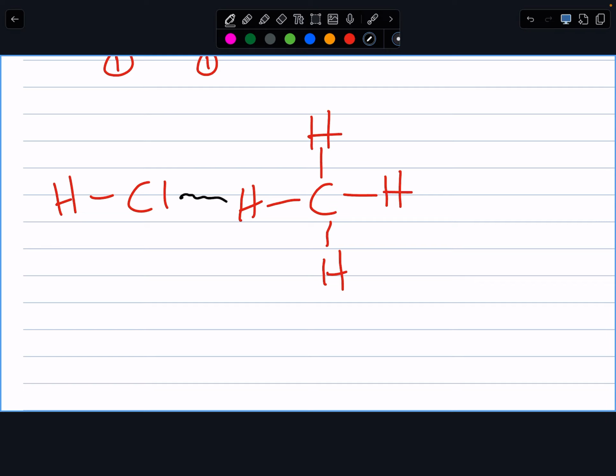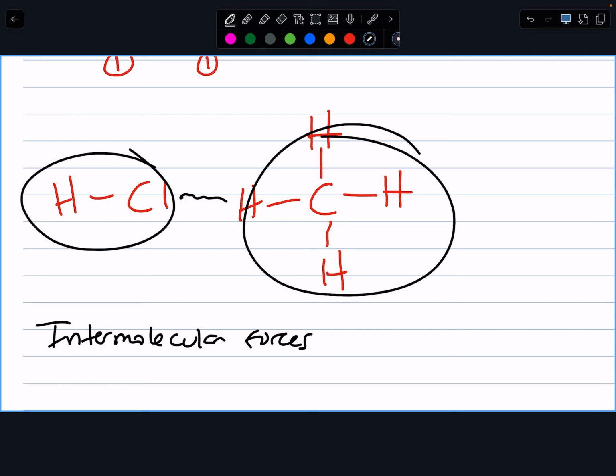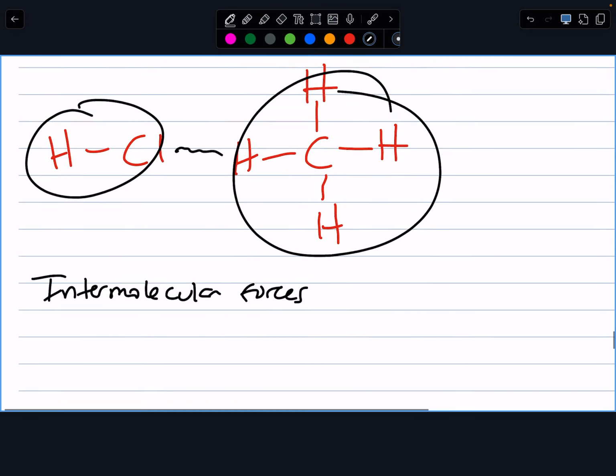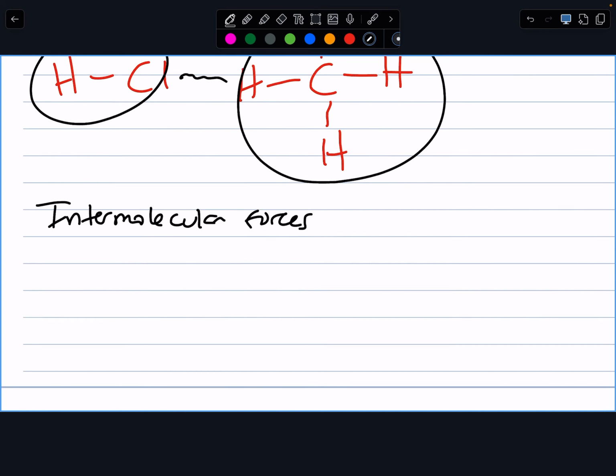They can get some type of attraction. Okay, intermolecular forces are what that's called. Intermolecular forces are the interactions between different molecules. So these two different molecules, they can interact in different ways, whether magnetically or whatever it is. There are 3 types of intermolecular forces.